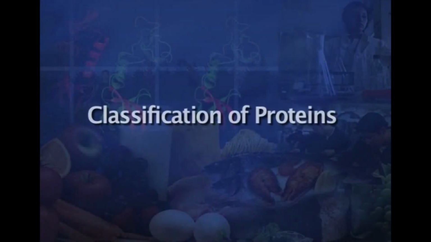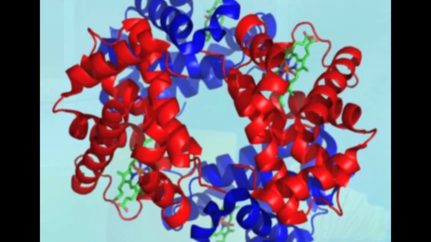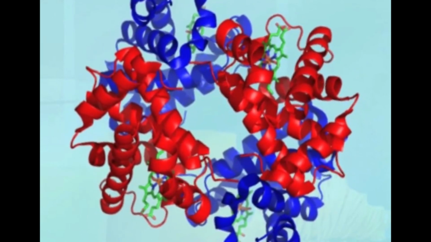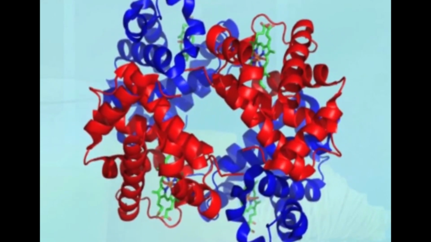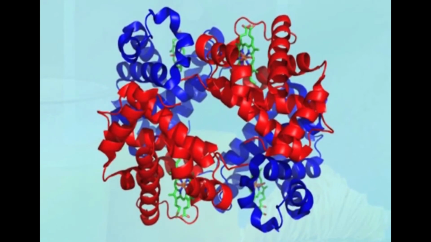Now, if you look at the classification of proteins, proteins are classified basically based on their structures. The first type of proteins are globular proteins. These are spherical, water soluble, and have a hydrophobic interior. By hydrophobic we mean the amino acids which repel water, and hence they make up the interior part of the protein.